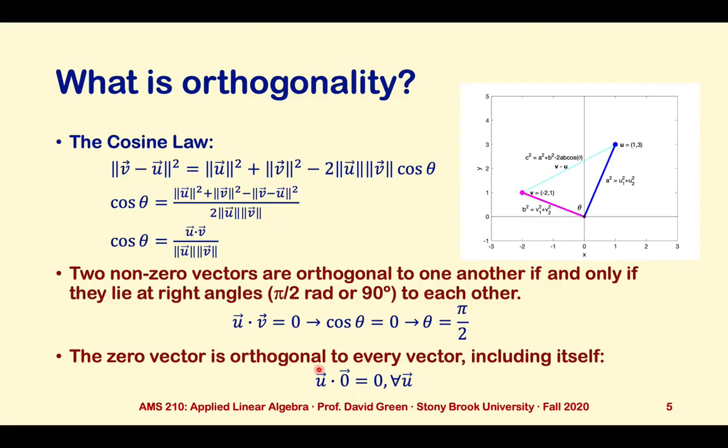If we purely focus on a definition of orthogonality involving the dot product, however, we get the result that the 0 vector is orthogonal to every vector, including itself, because u dot 0 is, of course, 0 for any vector u. Okay, so we have a definition for orthogonality between two vectors that is entirely consistent with our geometric intuition of what orthogonality might mean, but is also generalizable to the zero vector.